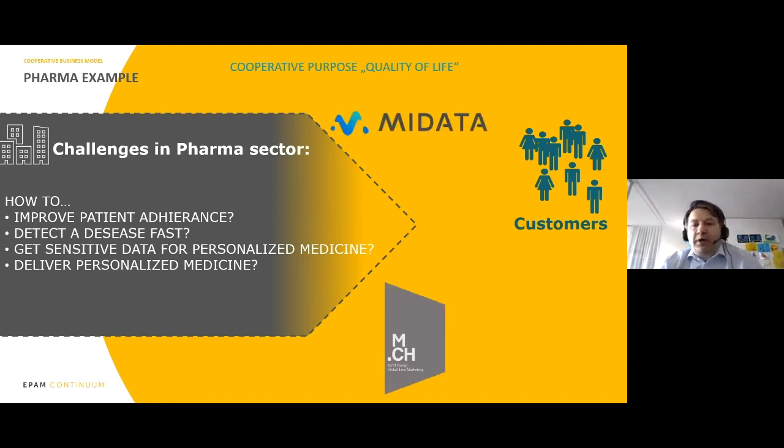So there are companies around working within the construct of a cooperative like Midata that basically provides very sensitive data under the control of the customers towards the pharma industry, but the whole setup of Midata is looking just at the health data.